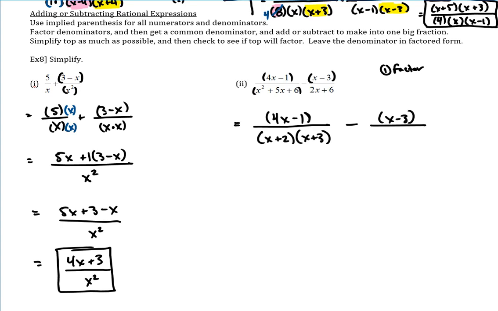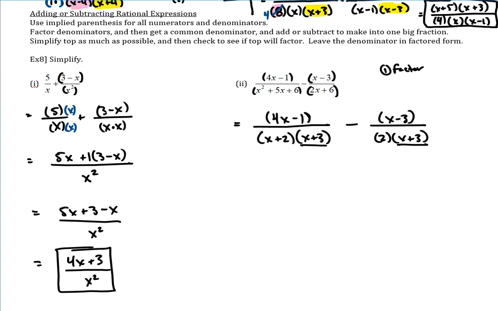And then 2x plus 6, it looks like 2 is in common. I can factor that from those 2 terms. So 2x plus 6, 2 got taken out, and I'm left with x plus 3. Now it's similar to what we did on that last one. All I want to do is look at what I have in my denominators. Notice I already have x plus 3 in common, so I don't need that again.